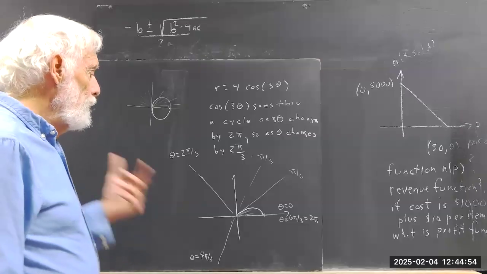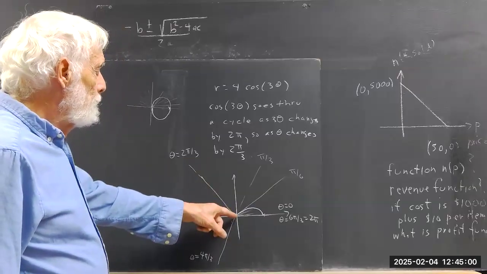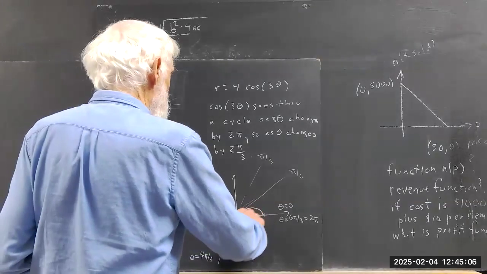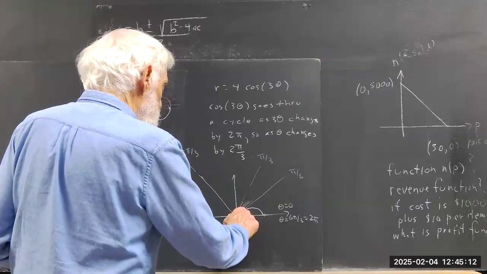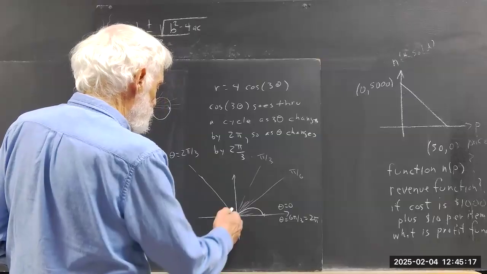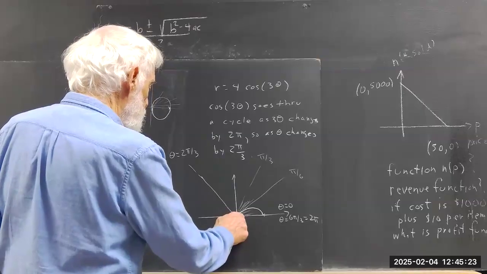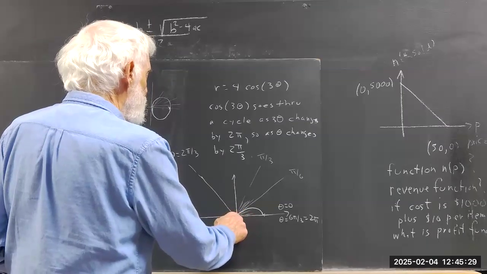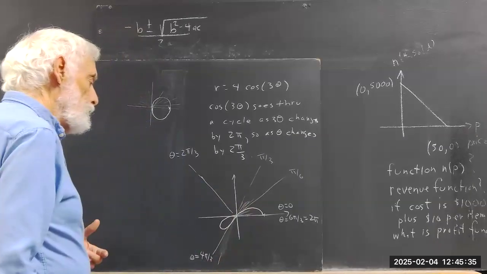And then as theta goes from pi over 6 to pi over 3, the cosine is going to go from 0 to -1. So corresponding to our angles here, we're going to be going in the negative direction. By the time we get over here, by 4 pi over 3, a little too steep, be more like here. This is going to take us along a loop like this.